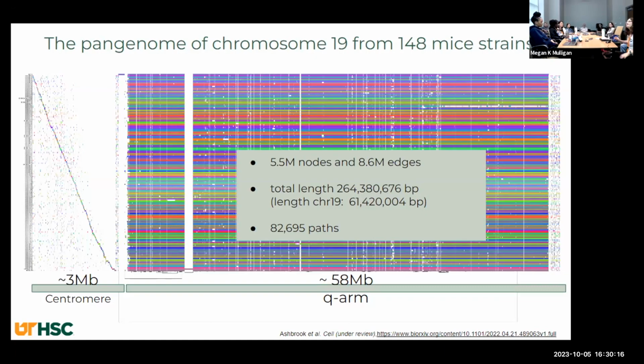I want to do that because my last aim is to have new third generation sequencing, to have telomere to telomere assembly from the parental strains and for the F1 generation.